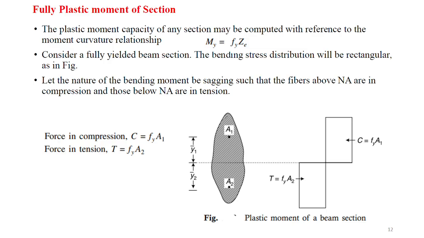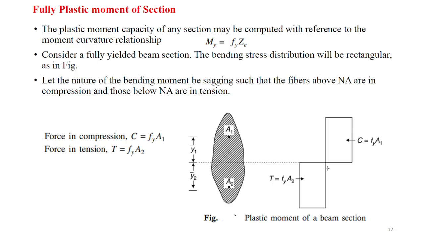If you take this beam section which is taking bending moment, and that bending moment is sagging in nature, the upper part of the neutral axis we take as the compression zone, and the bottom portion of that beam we take as the tension zone. Depending on these conditions, we find the neutral axis of the section.